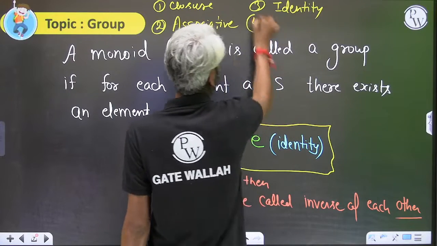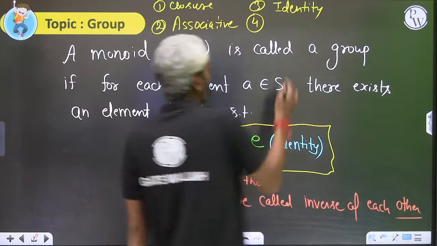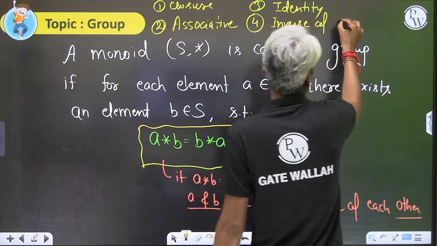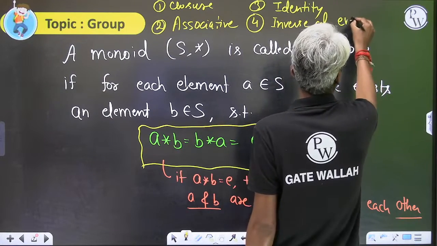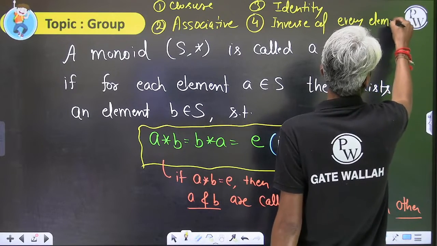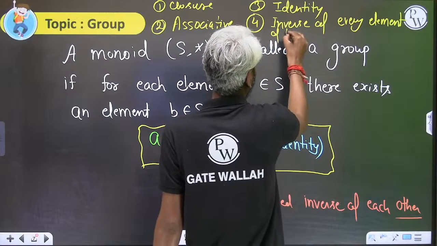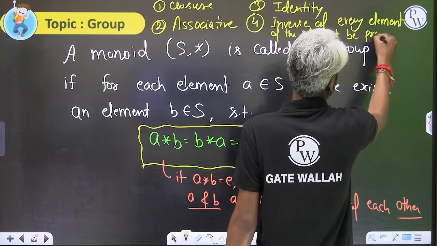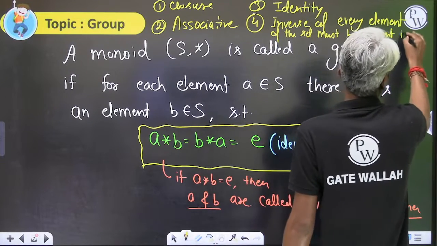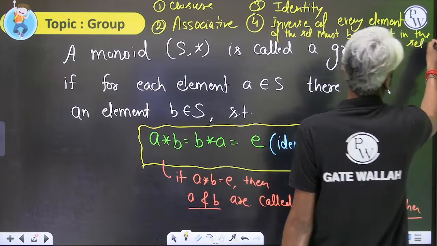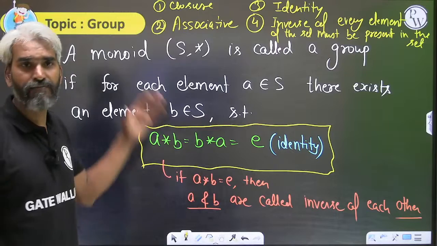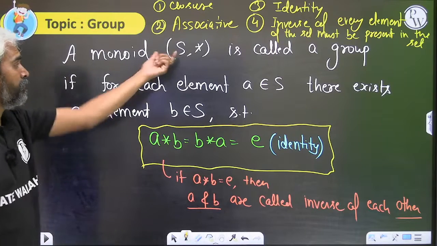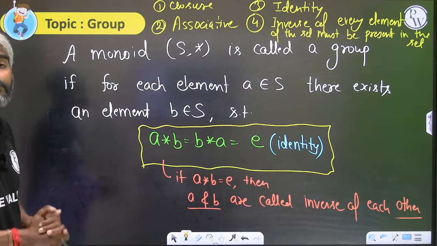And the fourth one is that the inverse of every element of the set must be present in the set itself. If these four properties are satisfied for the elements of set S with respect to binary operation asterisk, then the set with respect to binary operation asterisk will be called a group.